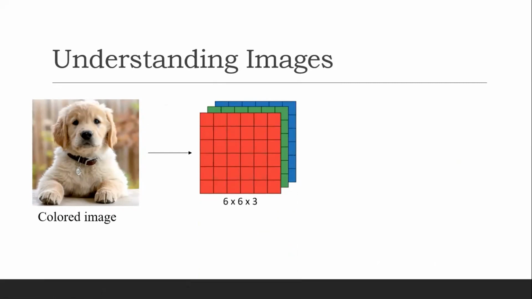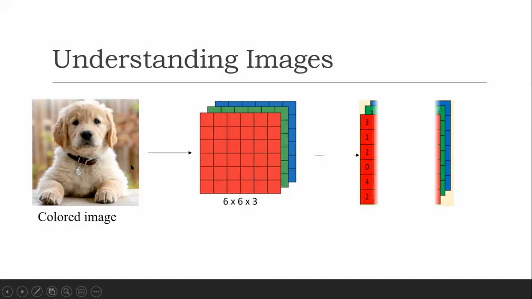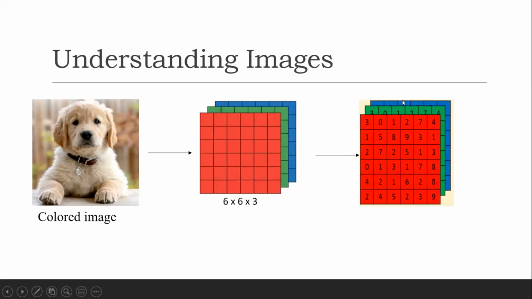So the first channel, which is the red, has an image of a dog inside. That of the green has an image of a dog in there, and that of the blue has an image of a dog, which have been stuck together to give us a colored image. Right. Now, each of them contains certain numbers in there, right? So for the red, there are different numbers, right?